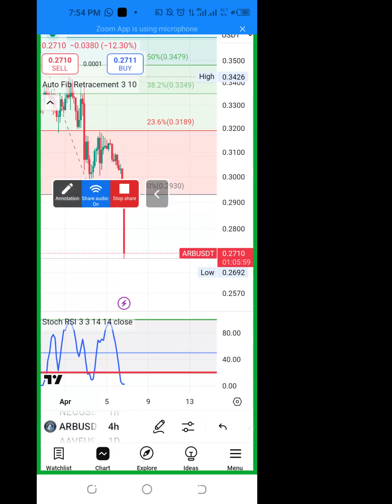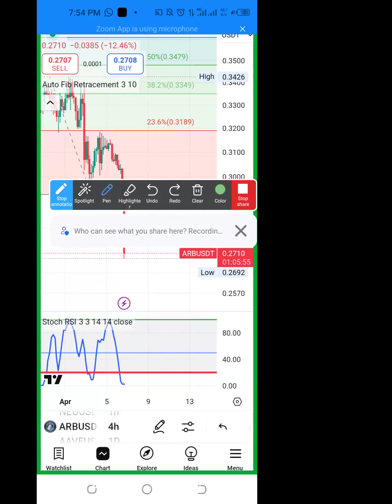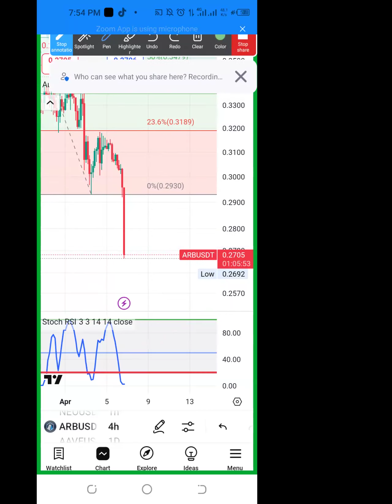Let me change this color to green. It's until the stochastic line goes far below this last line. That means it has been oversold. That's the meaning. The line must go down below. Then the moment it's down below, don't still enter.